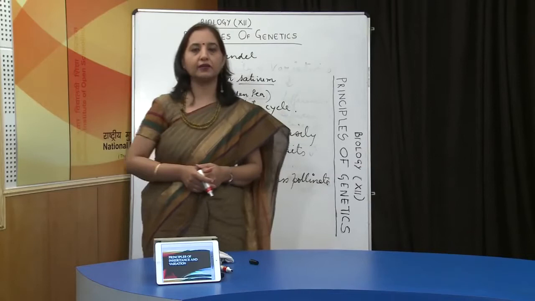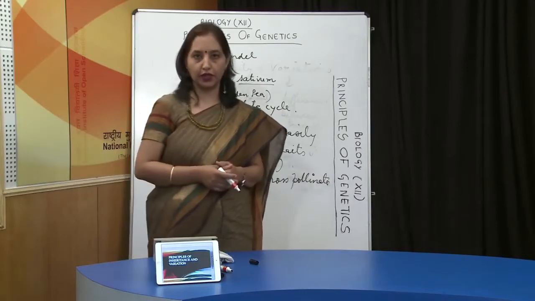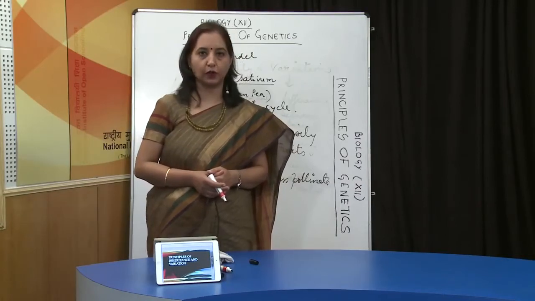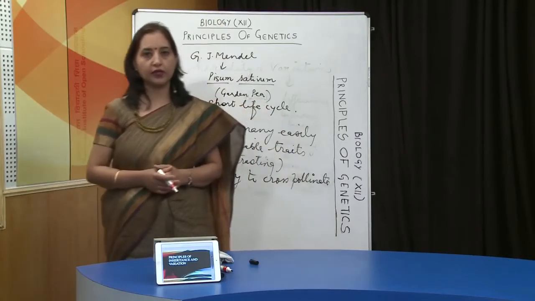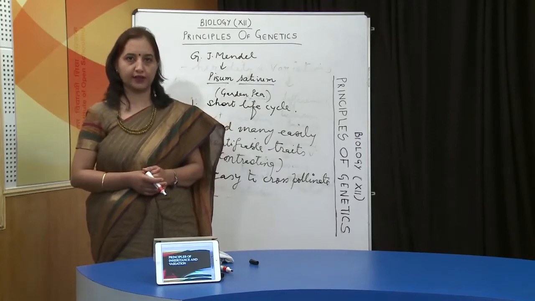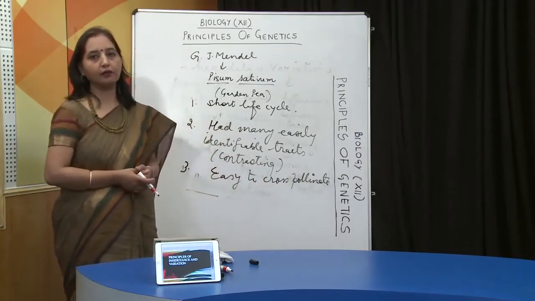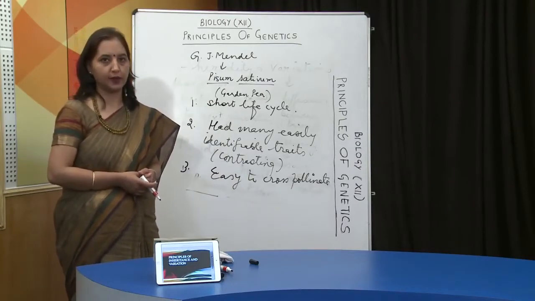Naturally, Pisum sativum or garden pea is self-pollinating, but for the experiments, it is easy to cross-pollinate. This was one of the reasons for choosing garden pea for his experiments. So these three reasons are very valid reasons that why did Mendel choose only pea for his experiments.